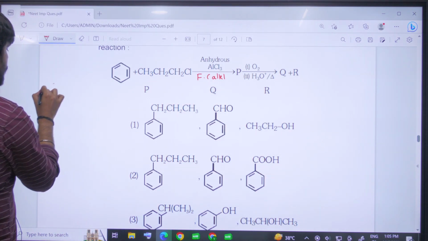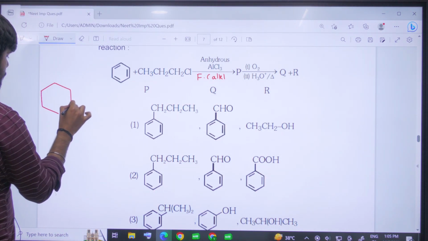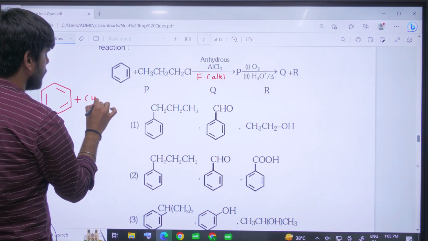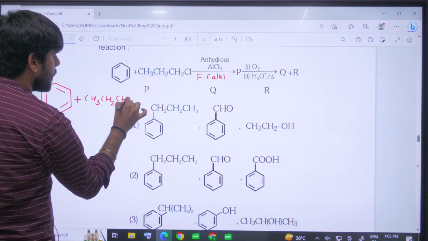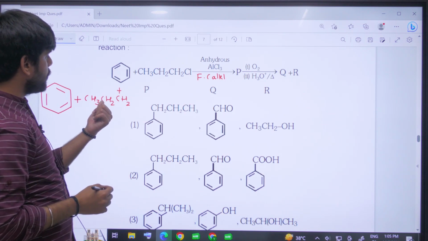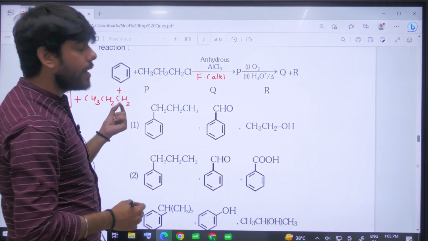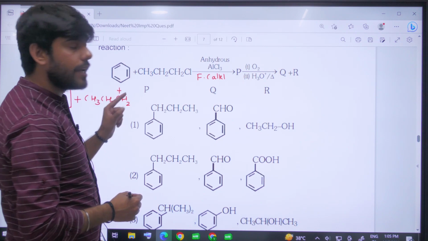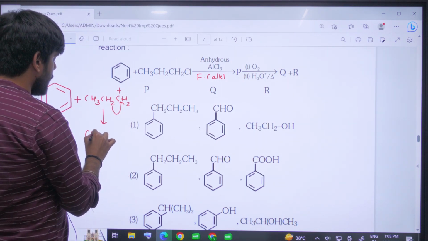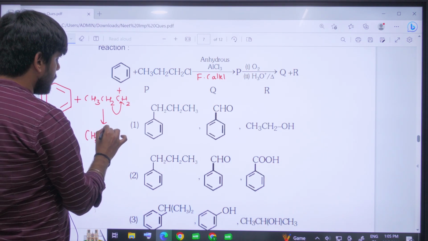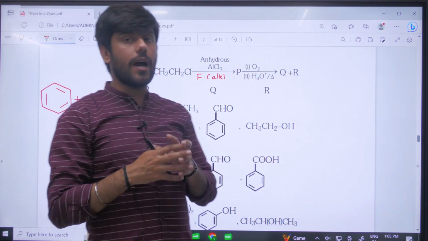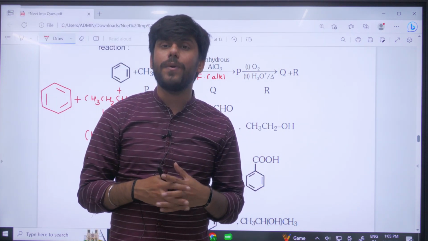In the first step I have benzene. Benzene on treatment with this, I'll have this kind of electrophile in the first place, but then I have an option. This is your 1 degree carbocation. I know that I can get a 2 degree carbocation if I shift this hydride over here. If I perform this hydride shift, I would end up getting this carbocation, because this carbocation undergoes rearrangement if possible.